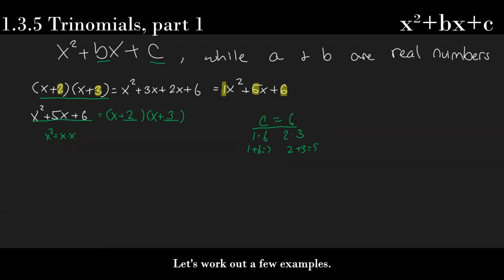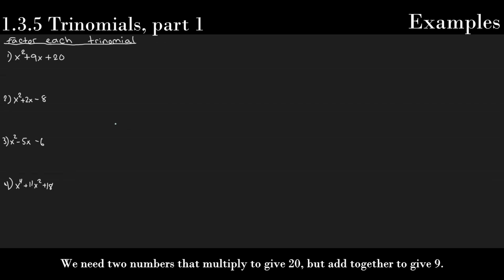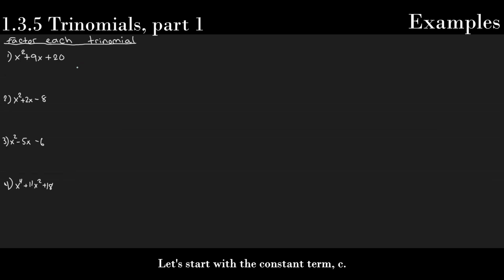Let's work out a few examples. Number 1, x² + 9x + 20. We need 2 numbers that multiply to give 20, but add together to give 9. Let's start with the constant term c. Its factors are 1 and 20, 2 and 10, 4 and 5.